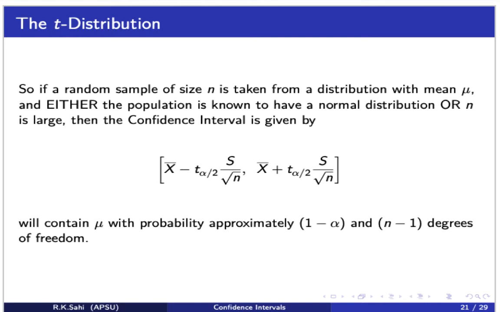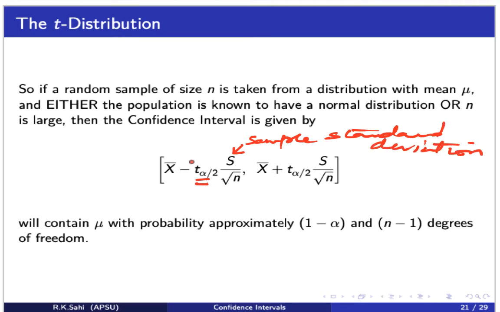Now, if the random sample is very large, or if it is coming from a normal distribution, then the confidence interval is x bar minus t. That's the first change. Alpha by 2 multiplied by s, that is the sample standard deviation. So remember, this is the sample standard deviation.